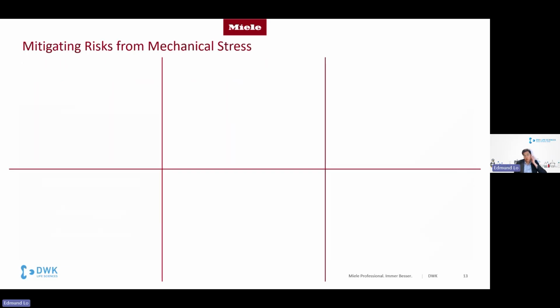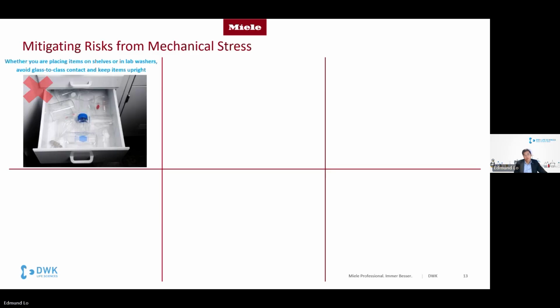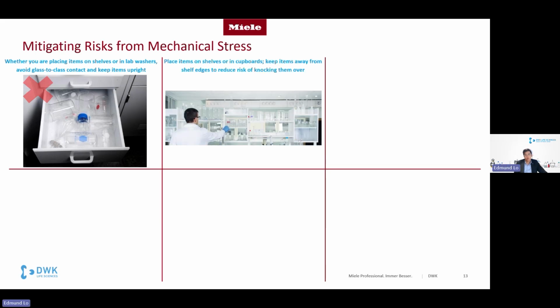First, we'll dive into how we can mitigate risks from mechanical stress. Always try to avoid glass-to-glass contact. Place items on shelves or in cupboards. Keep items away from shelf edges to reduce risk of knocking them over.